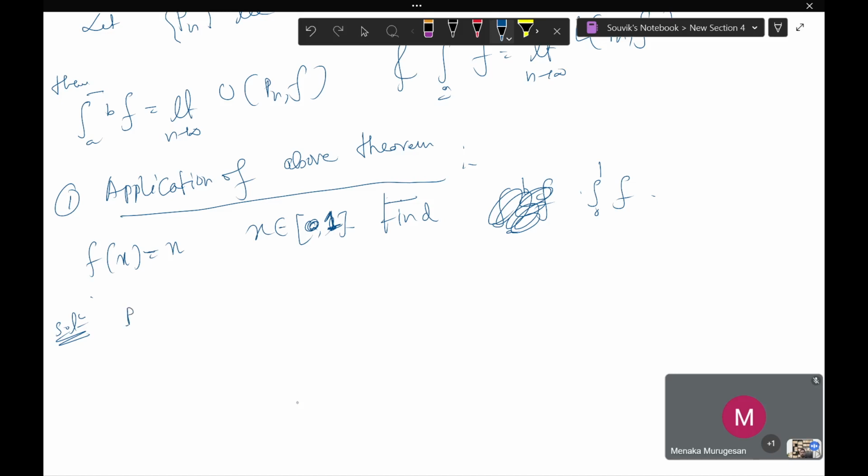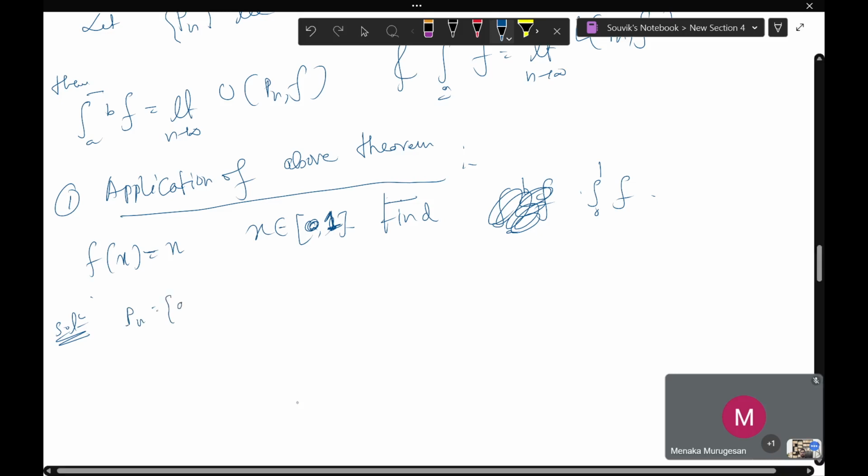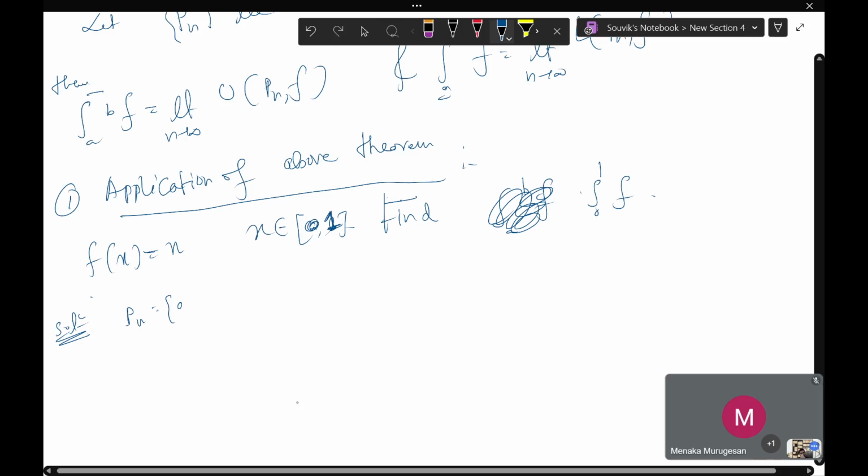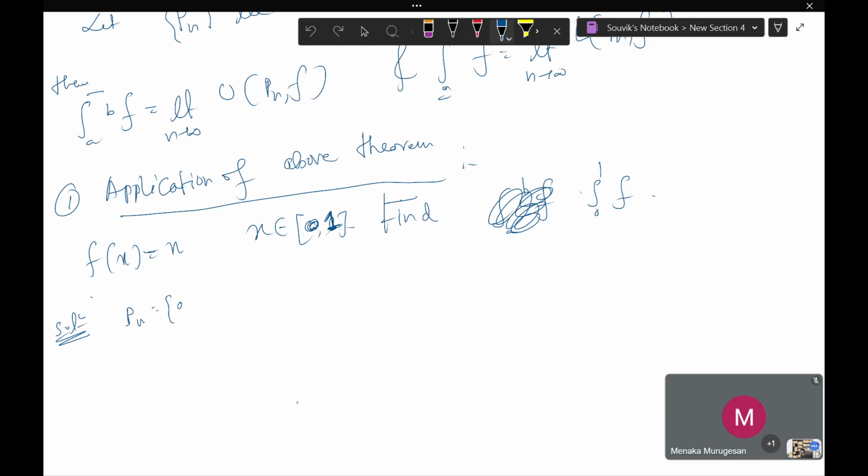So take the partition Pn = {0, 1/n, 2/n, ..., (n-1)/n, n/n}, which is nothing but n by n.